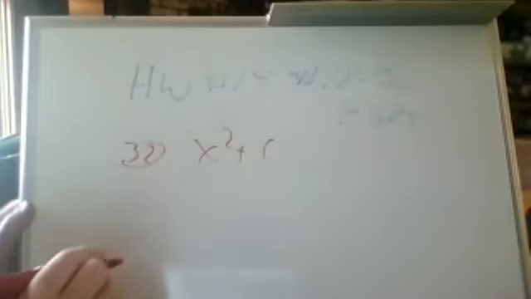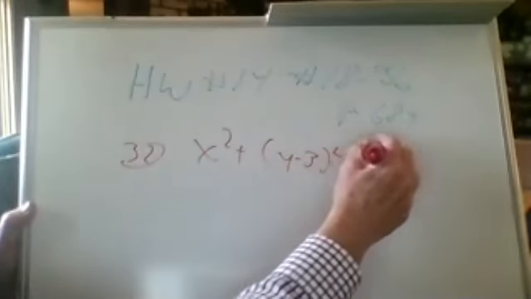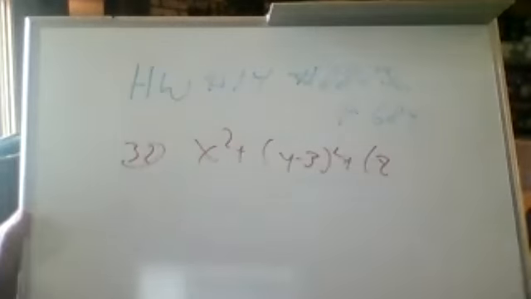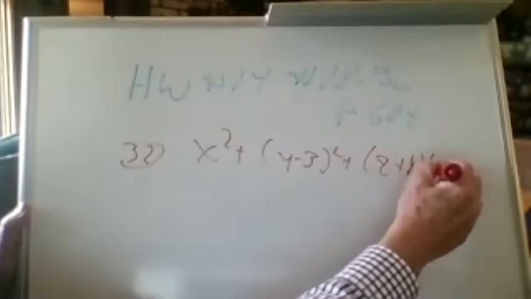All right, that brings us to 32 through 35, which says determine the coordinates of the center and then measure the radius for each sphere whose equation is given. I'll show you how to do that. We'll do 32. We've got x squared plus y minus 3 squared plus z plus 8 squared equals 81.